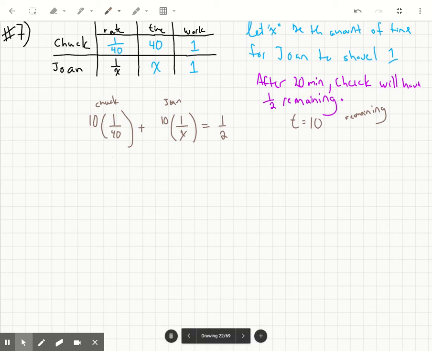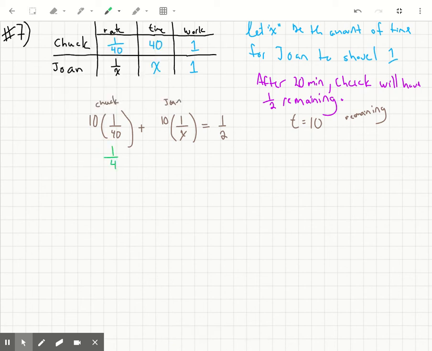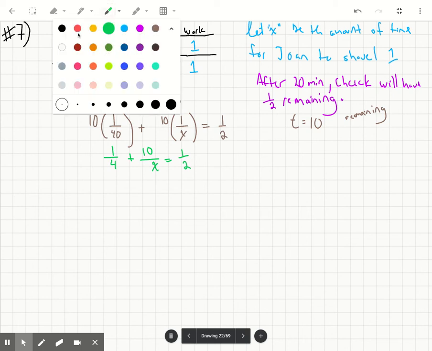We know that takes 10 minutes, half of the driveway. So if we expand that, this actually simplifies to a quarter. So we have a quarter plus 10 over x equals a half. Okay, so to clear that fraction, what is the lowest common multiple of the denominators?